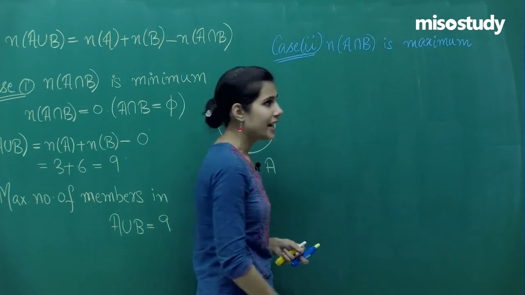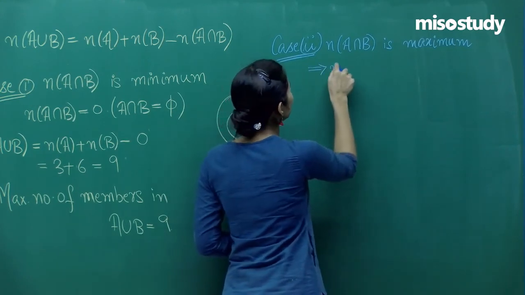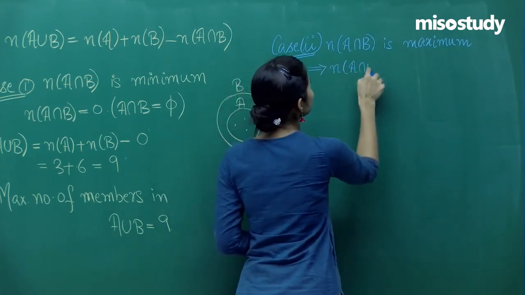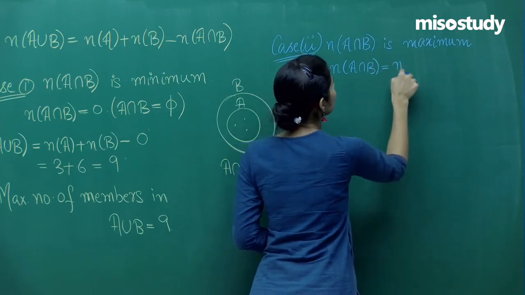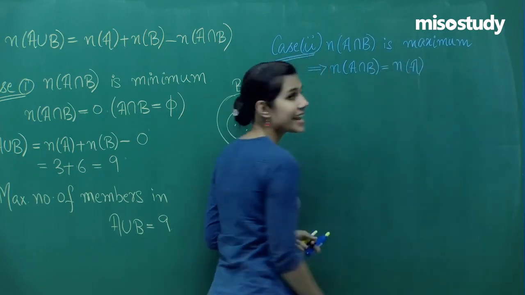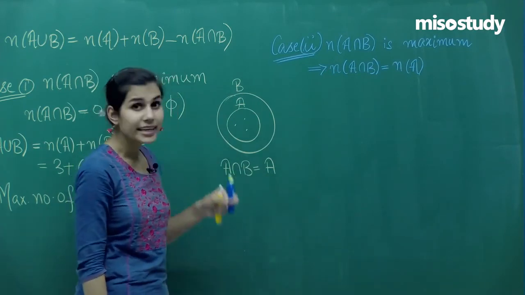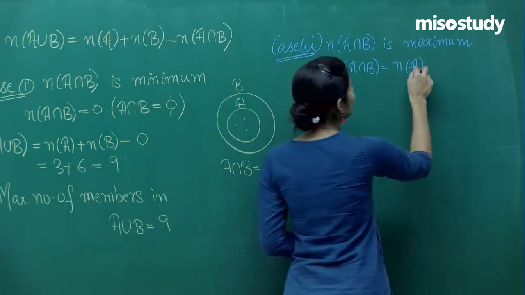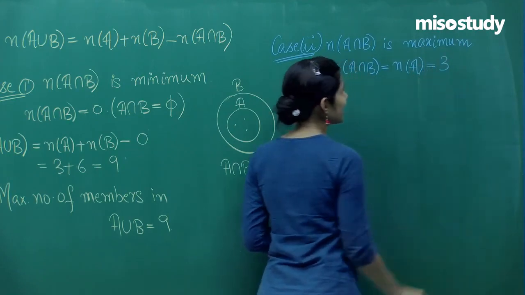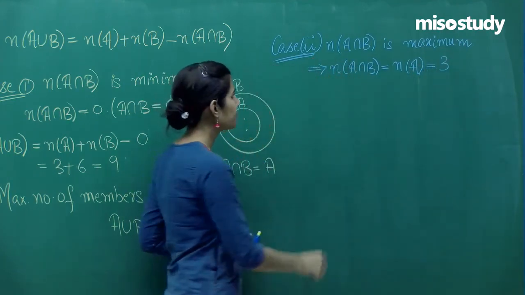What do I mean by that? This means the number of members in A intersection B is equal to the number of members in the set A, because here A intersection B will come out to be equal to set A. And I know the number of members in set A, which is 3.